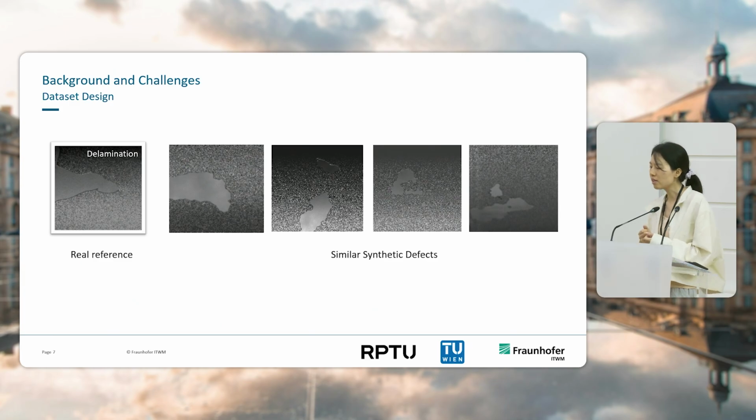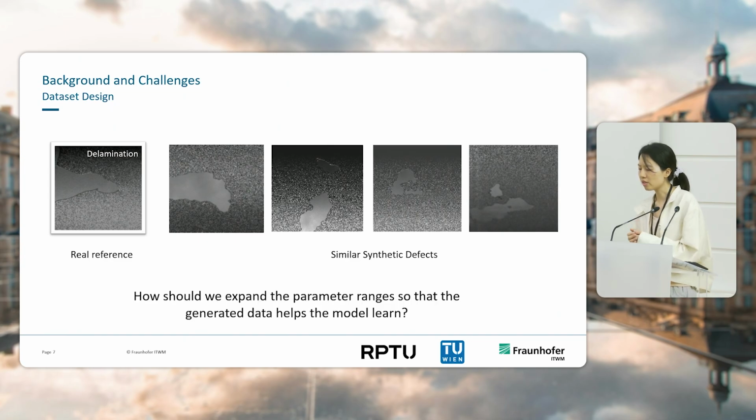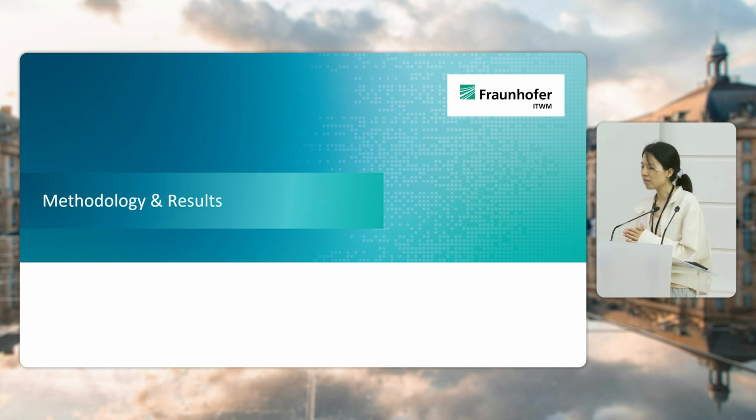Domain randomization suggests that variations can improve generalization, but it does not tell us how much we should vary each parameter. So the key question is, how should we choose the parameter ranges so that the generated data actually helps the model learn? This is the main focus of our work.